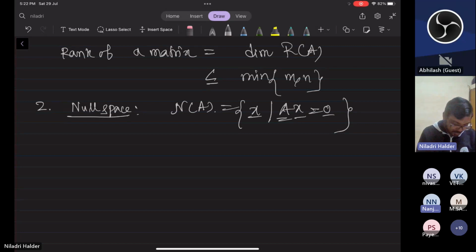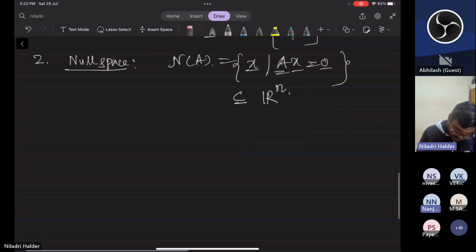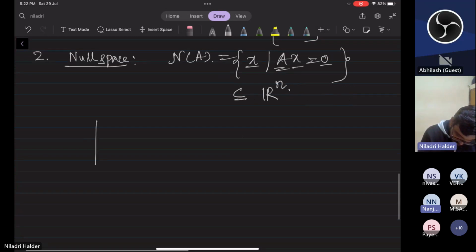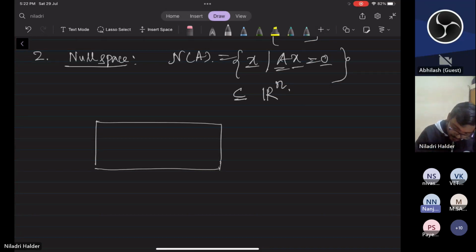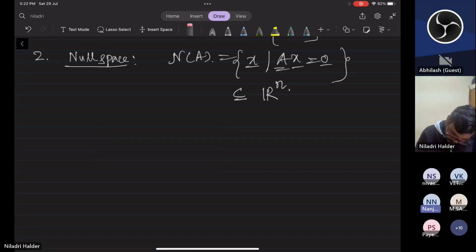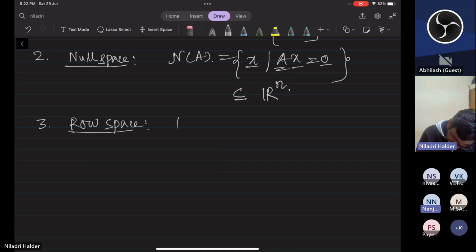Then x belongs to the null space of A, and it is also a subset of R power n. Then number 3 is the row space. The row space is the range space of A transpose, and 4 is the left null space.